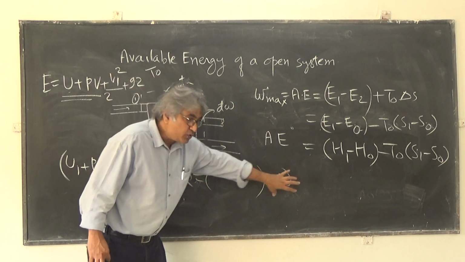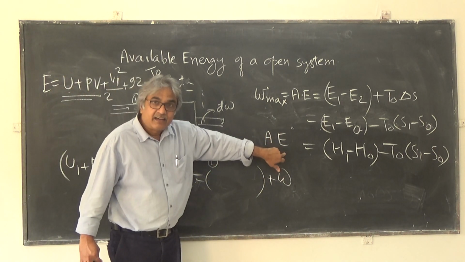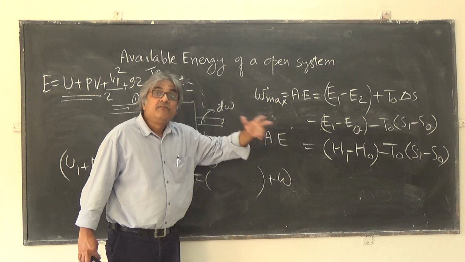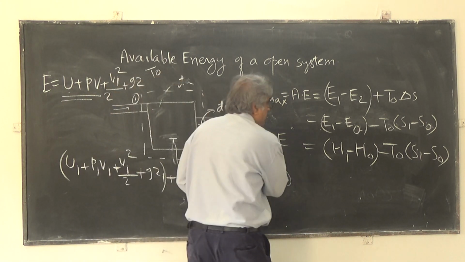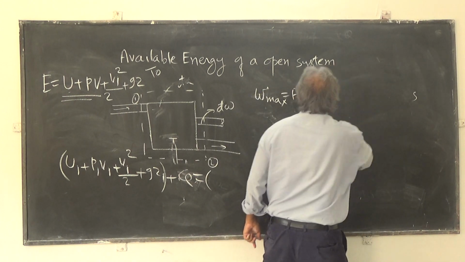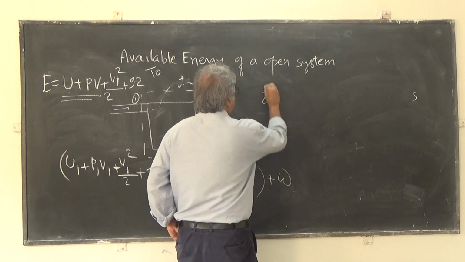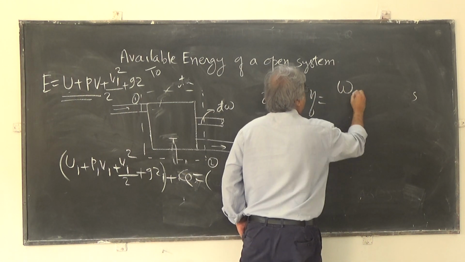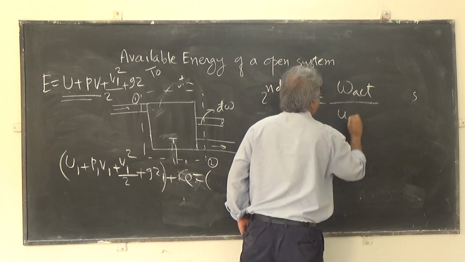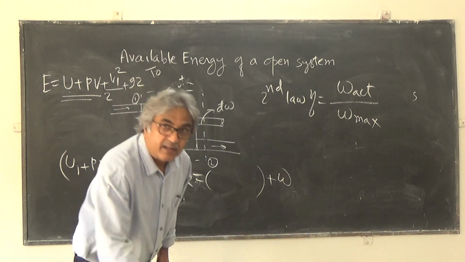So second law efficiency is W actual upon W maximum. W actual upon W maximum.